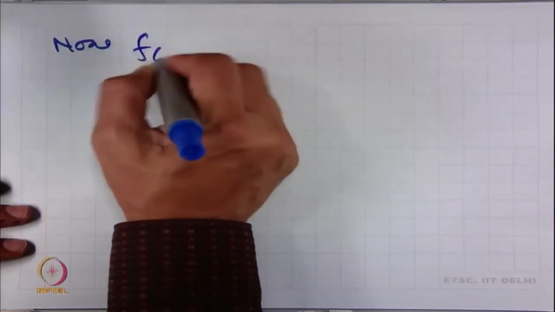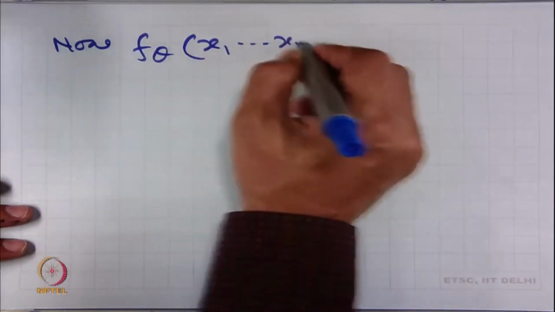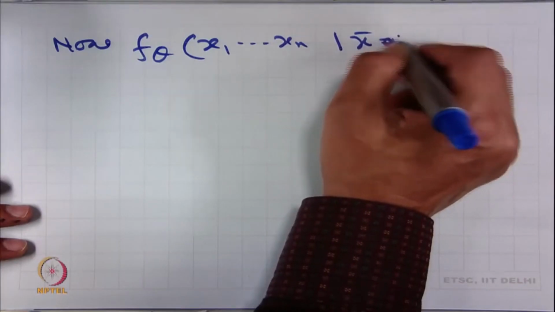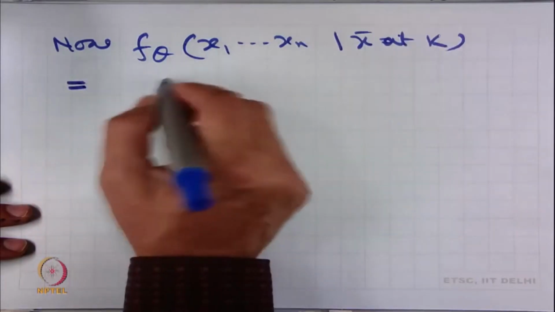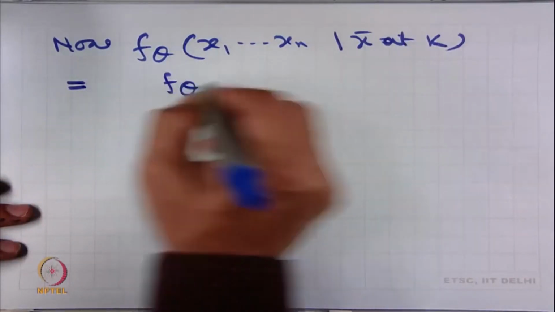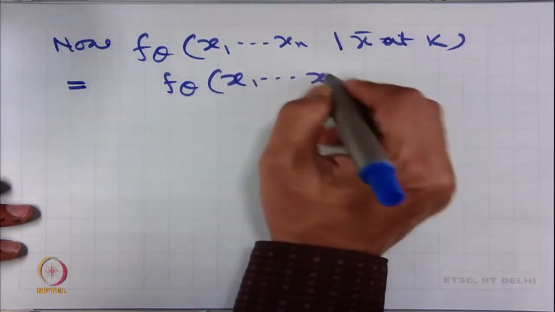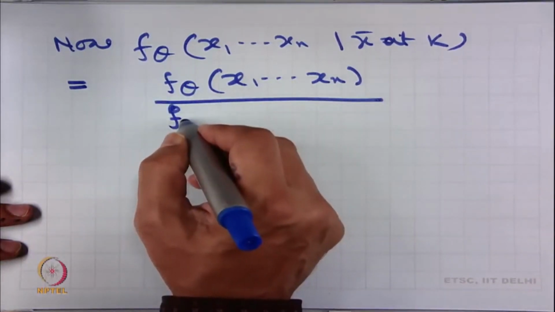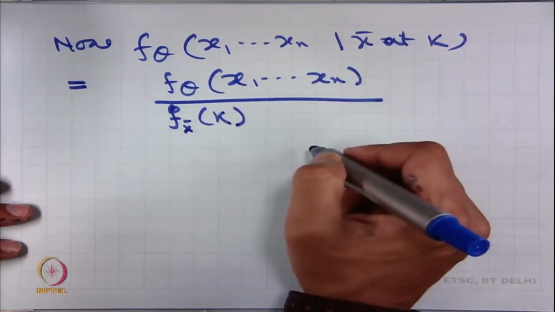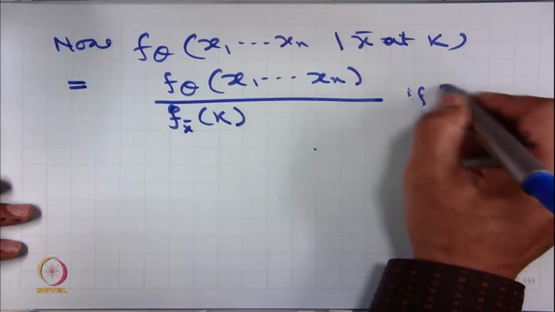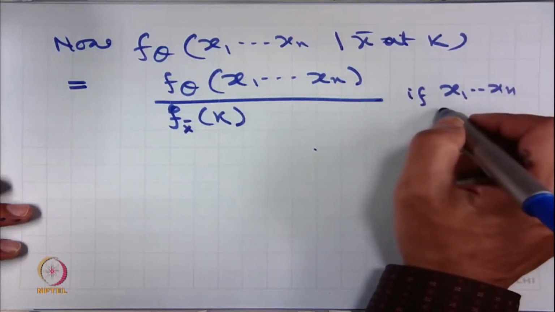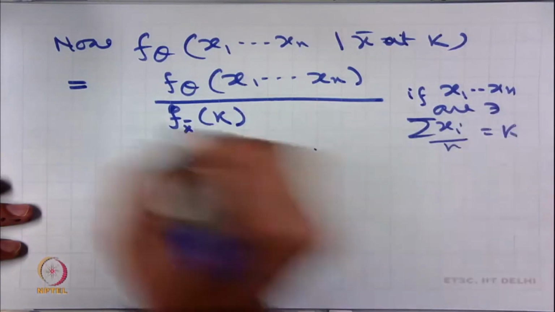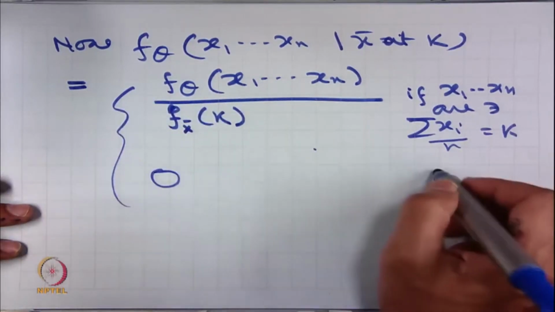Now, f theta of x1, x2, ..., xn given x bar equal to k is equal to f theta of x1, x2, ..., xn divided by f of x bar at k, if x1, x2, ..., xn are such that sigma xi upon n is equal to k, or it is 0 otherwise.